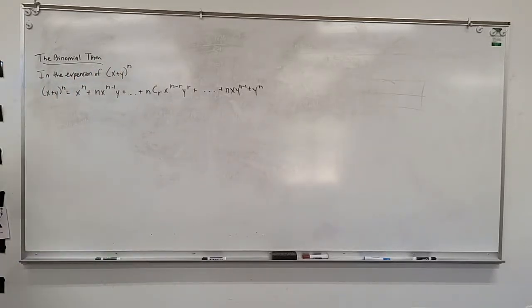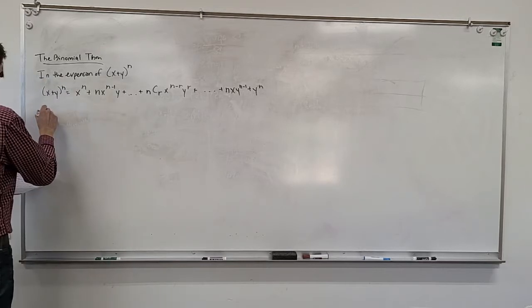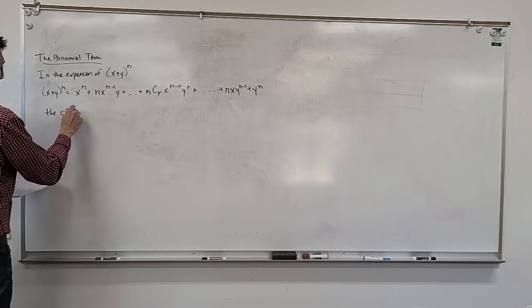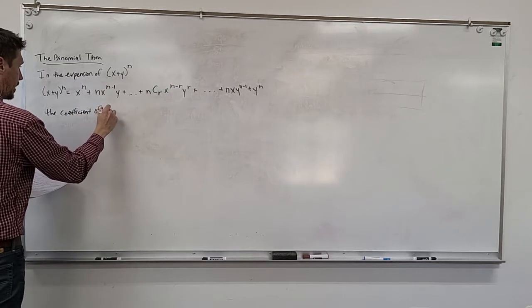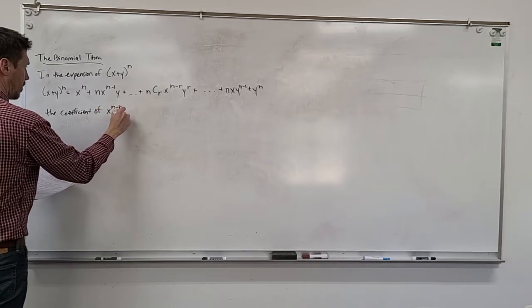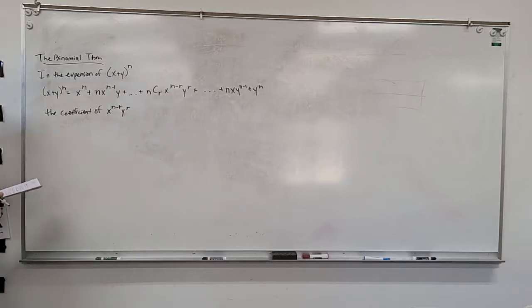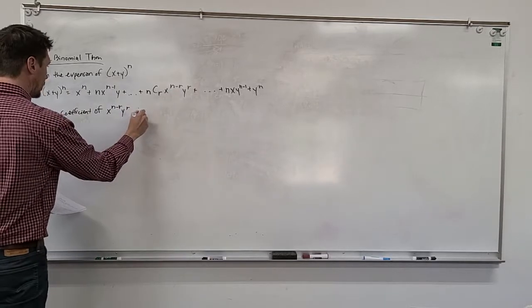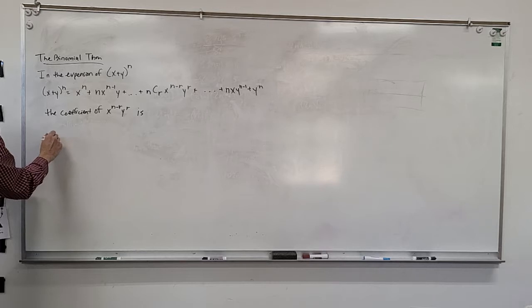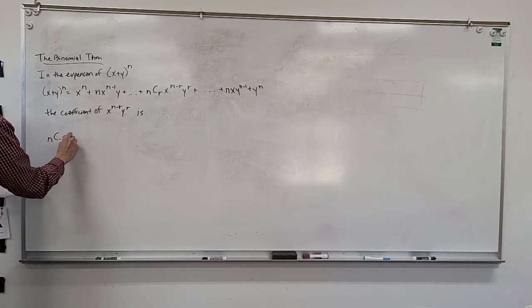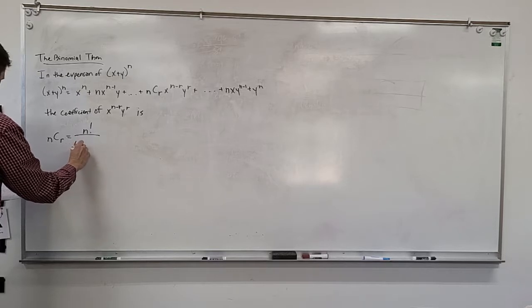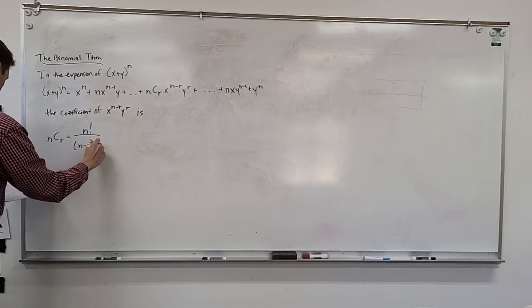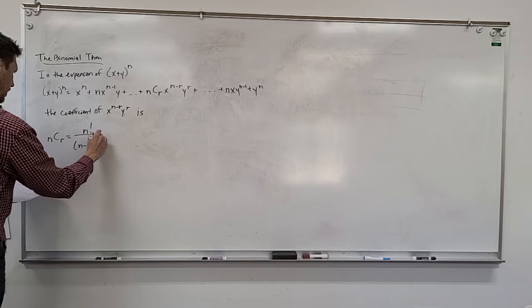So they always follow the same pattern, and the coefficient of x to the n minus r times y to the r, this middle term here, we write that coefficient like this: n factorial over n minus r factorial times r factorial.